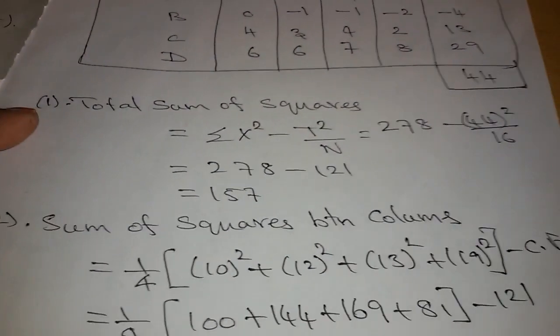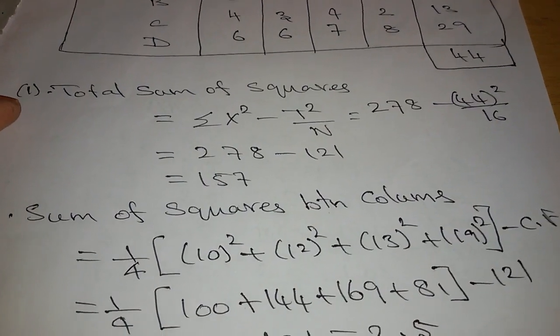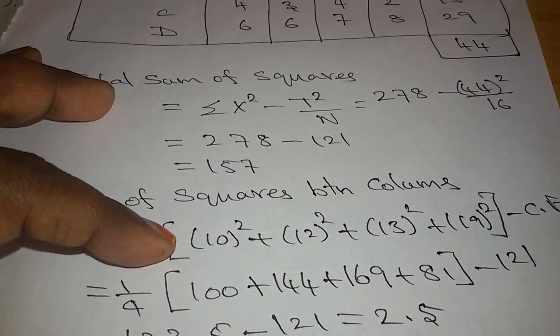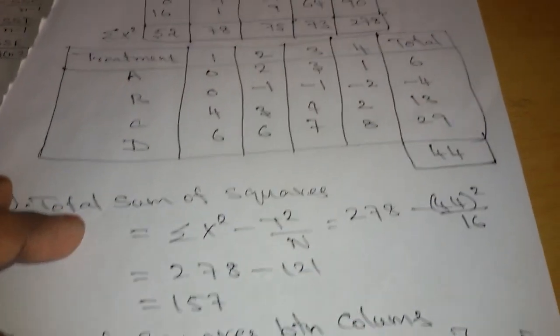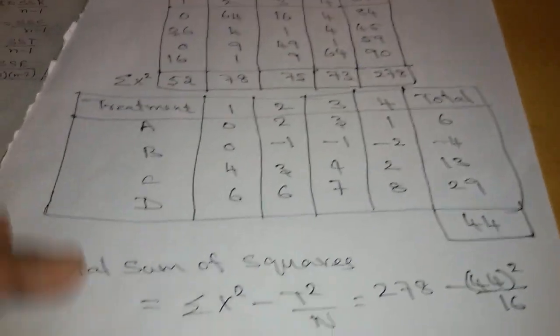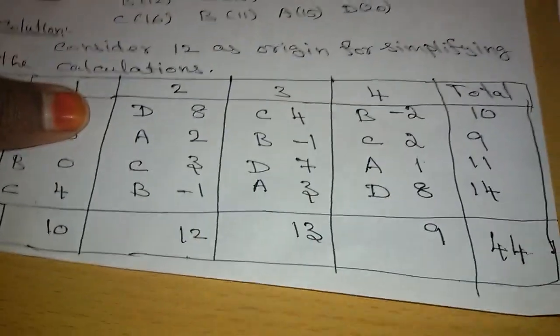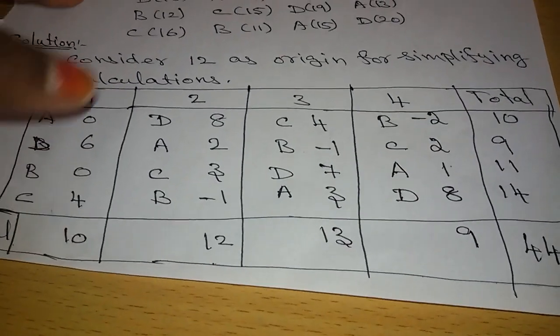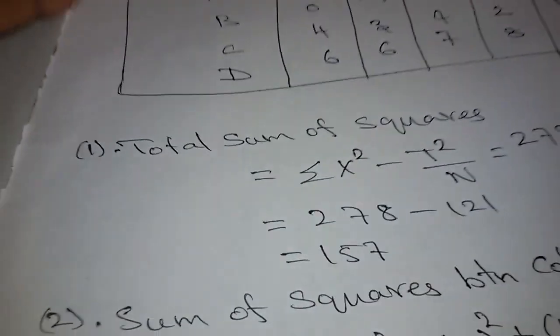The next one is the sum of squares between columns. Sum of squares between columns is 1 by 4 of 10 squared, 12 squared, 13 squared, 19 squared. That is from the very first table, the column totals: 10, 12, 13 and 19.